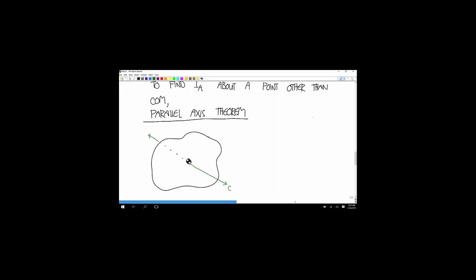And then there's another axis that's parallel to C, but it doesn't go through the center of mass. I guess let's call that capital A. That's what I usually use for the axis or the about point in 2 dimensions.